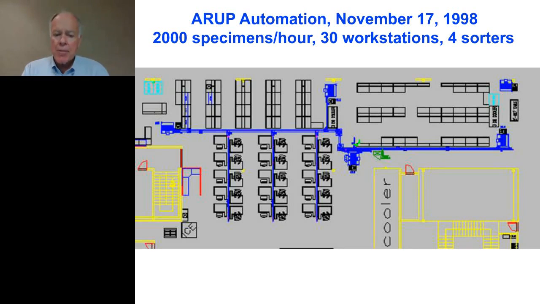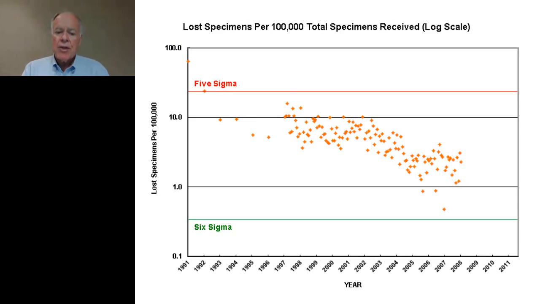So here's just an example of that early automation that was installed in 1998, a conveyor system. These were lines that fed into this loop conveyor system. There are three high-speed sorters for sorting specimens for the labs and a sorter for storage sorting. So then this chart shows lost specimens from 2003 to about 2008.